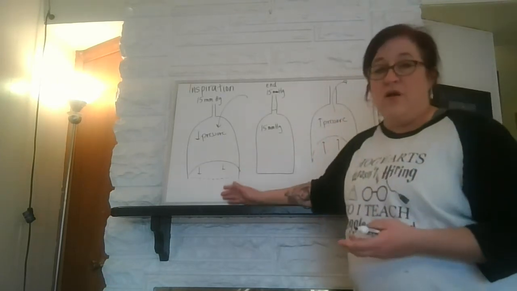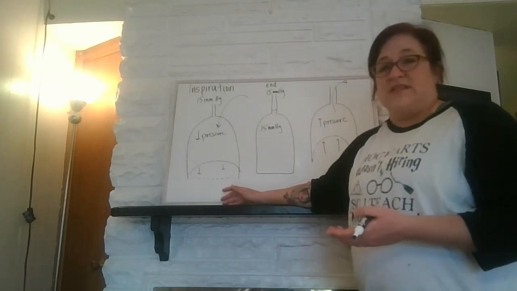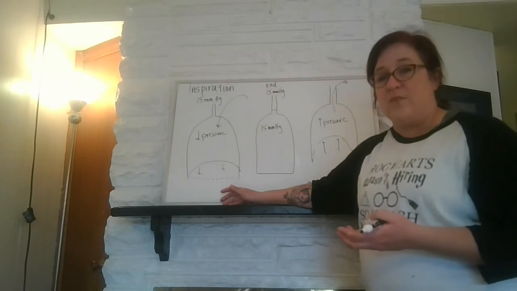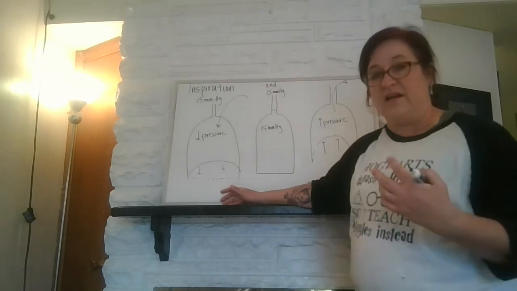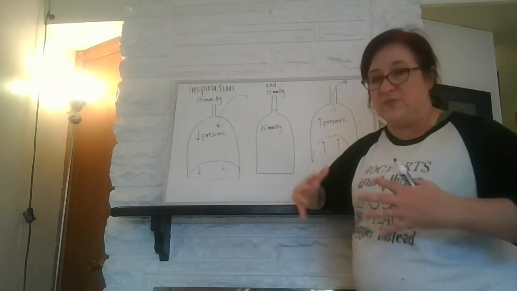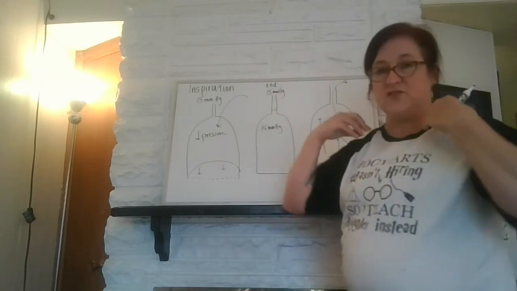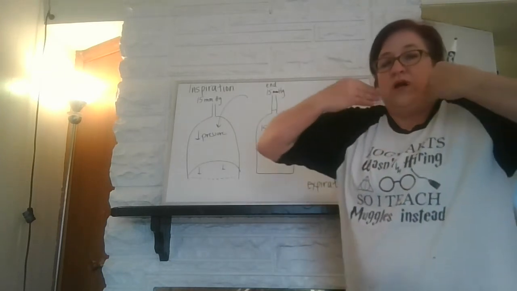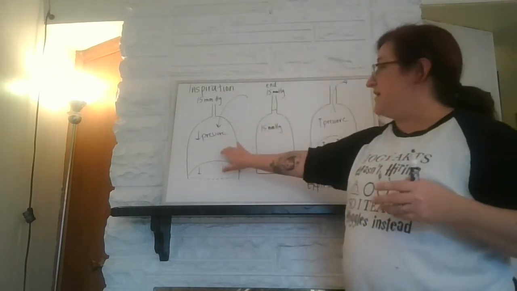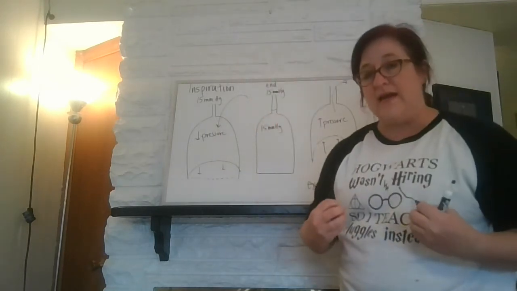So if I'm running or doing some kind of activity, then I will start to use some of the other muscles of this area, both sets of intercostal muscles, the muscles between my rib cage to pull the rib cage up, and my sternocleidomastoid muscles so I can pull the rib cage up even further, so I can make this cavity larger, so I can push more air into my lungs.